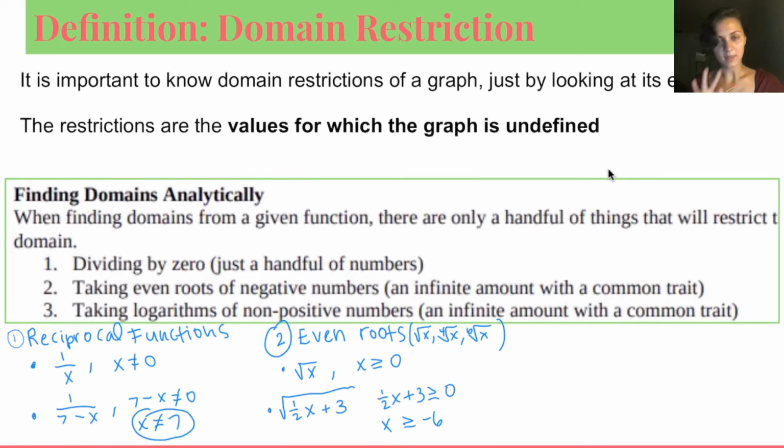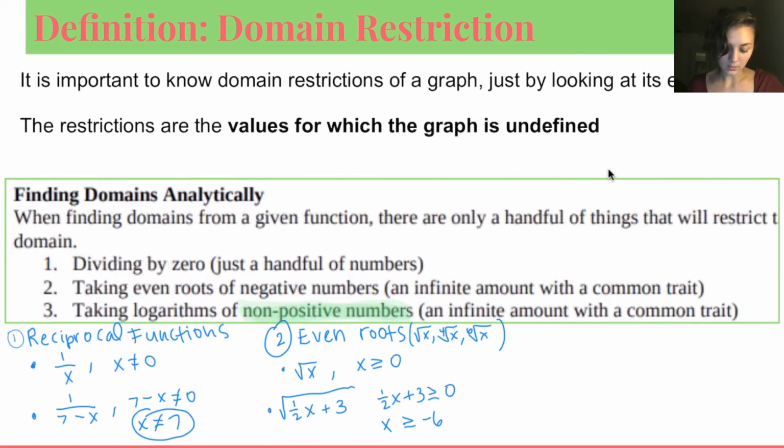Okay, and then the third rule, a little less common than the first two: you cannot take logarithms of non-positive numbers. So this vocabulary word, non-positive: a non-positive number is any negative number and also 0. 0 is neither positive nor negative, so non-positive means a negative number or 0.